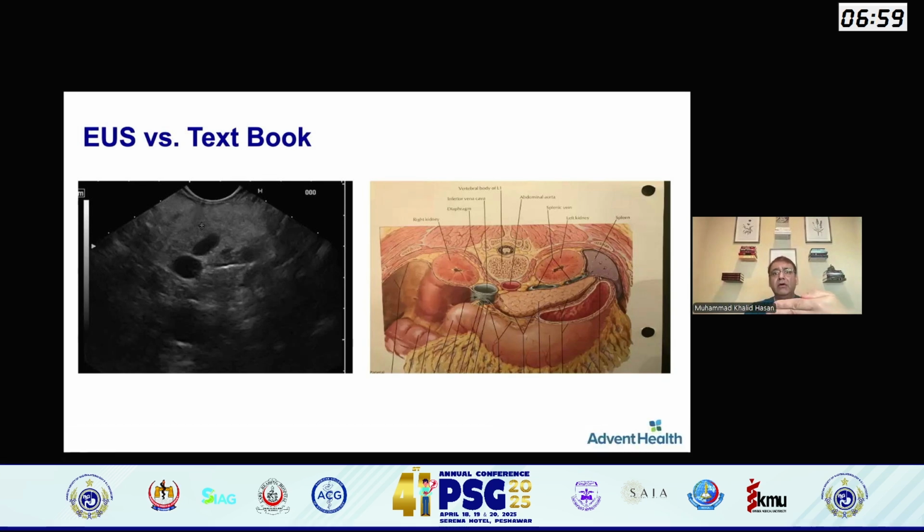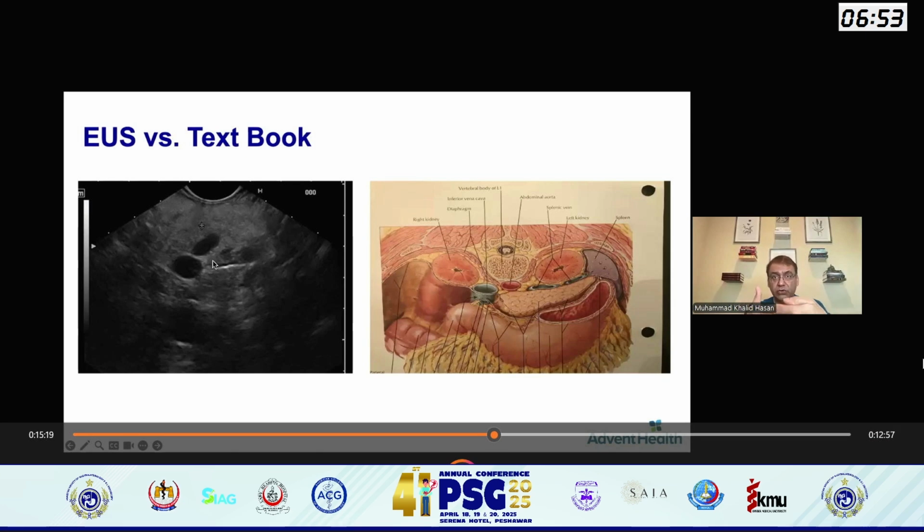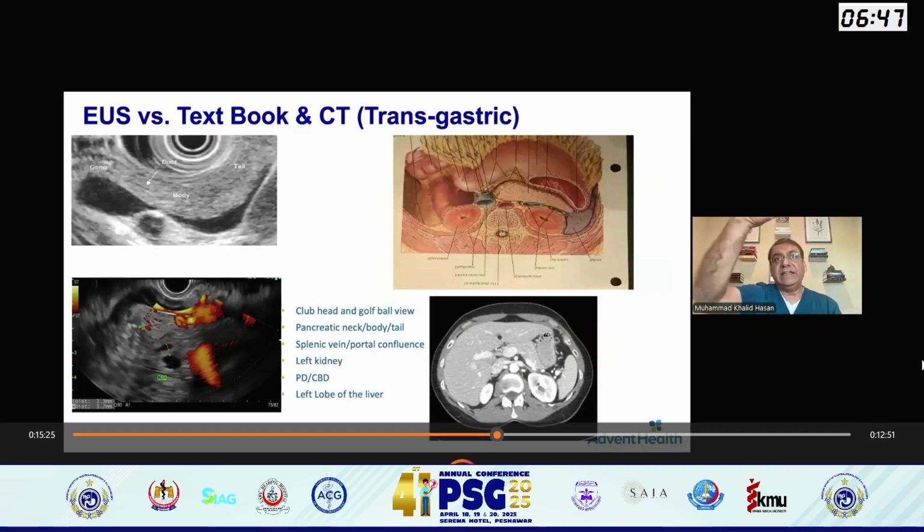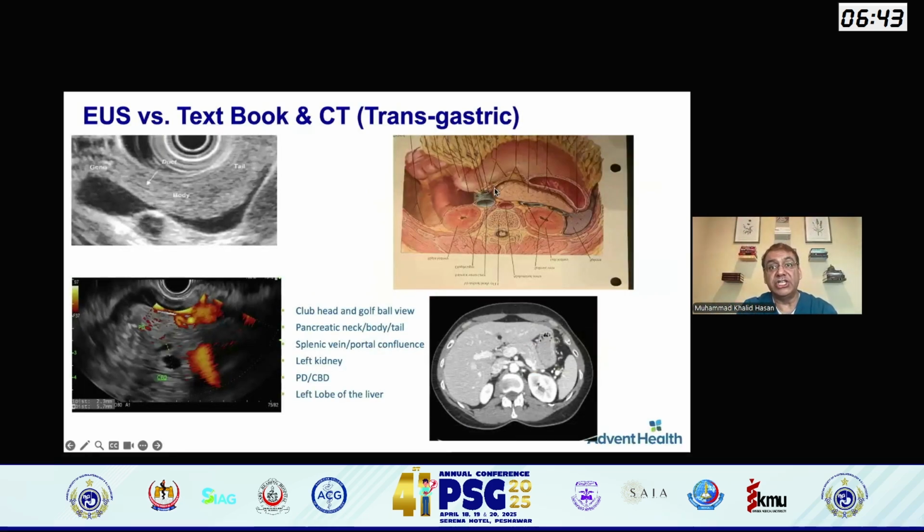This is the orientation of the EUS of this station. The way you will understand it is to take this page out, flip it upside down and look at it in the light. That would give you this orientation, which is the orientation of your EUS.